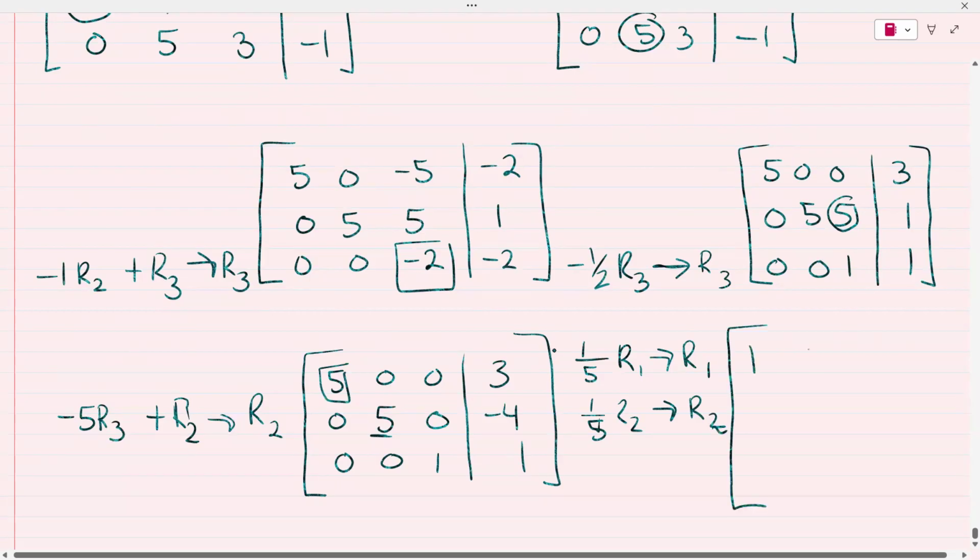1, 0, 0, and then this would be 3/5 now. And then this is going to be 0, 0, and then this is -4/5. And then this is going to be 0, 0, 1, and then this would be 1.